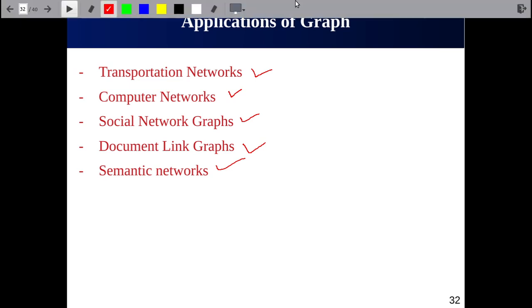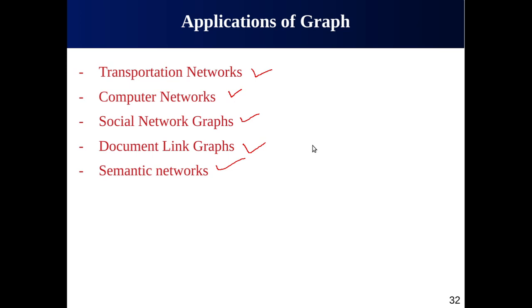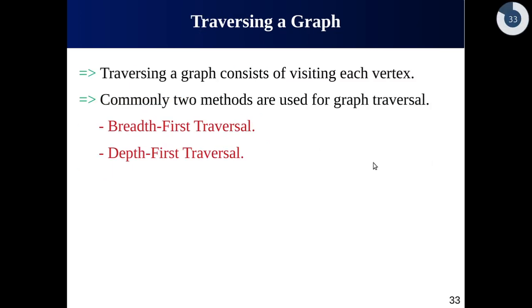That is possible. Now, after studying the applications of the graph, our last topic for this week is how we can actually traverse a graph. Two methods are available. We will shed some light on the traversing of a graph. Traversing is basically an operation of a data structure, which means visiting each node of a graph.